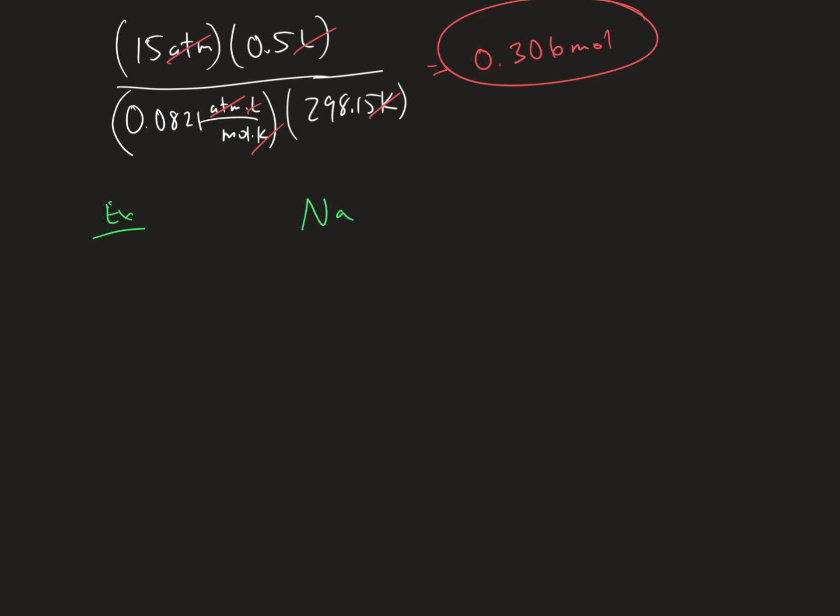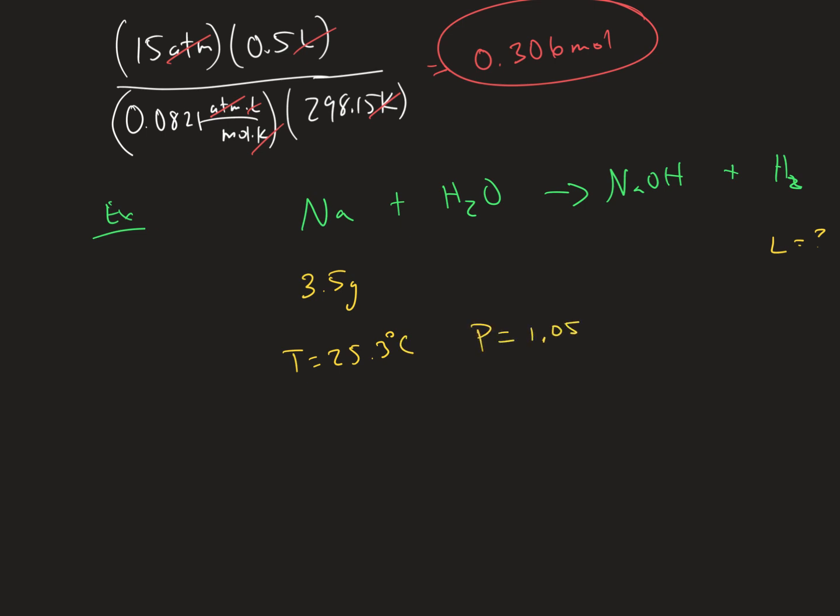We have sodium plus water gives us sodium hydroxide and hydrogen gas. If 3.5 grams of sodium react with plenty of water, how many liters of hydrogen gas will be collected at a temperature of 25.3 degrees Celsius and a pressure of 1.05 atm?